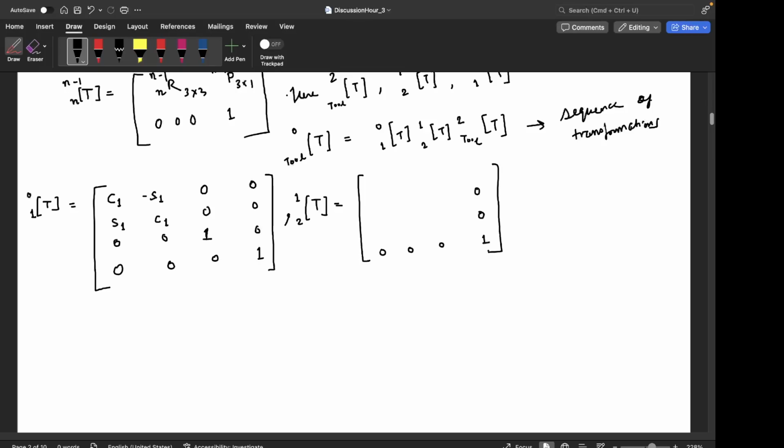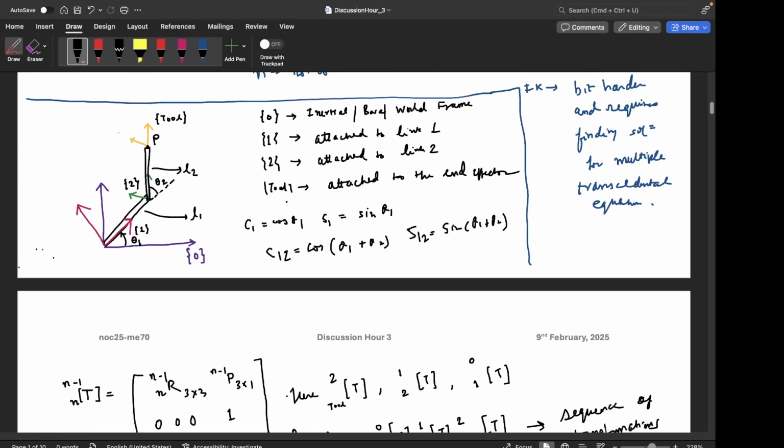Okay, so for the second one, we have to find the relation between the second frame and the first frame, which are the maroon one and the green one. The green frame is rotated about the z axis by theta 2, and there is a translation of L1 along the x axis of frame 1.